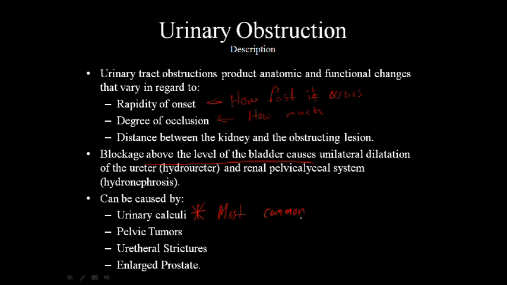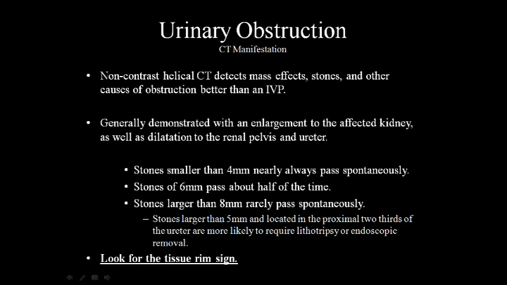And so think about it. If you have a urethral stricture, meaning that your urethra is kind of blocked, you can't actually get your urine out. So it's going to cause your bladder to get full, and because your bladder is going to get full, it's going to cause backup of the renal system. So it's very important to think that other things can cause this, not just a renal stone.